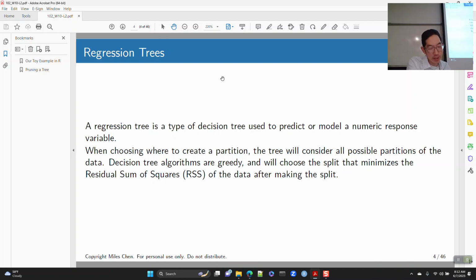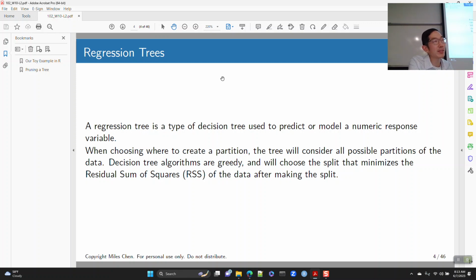But the way it works is it's going to consider a split, and it's going to say, okay, how much improvement in RSS do we get? Okay, and it's going to just choose the one that minimizes the RSS. So it's greedy in that it only looks at this one moment in time.